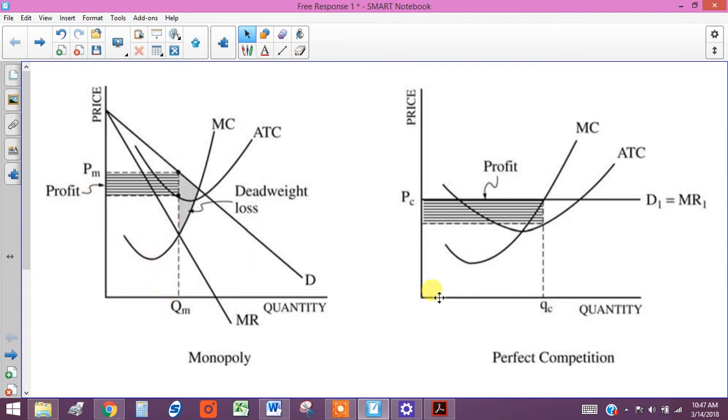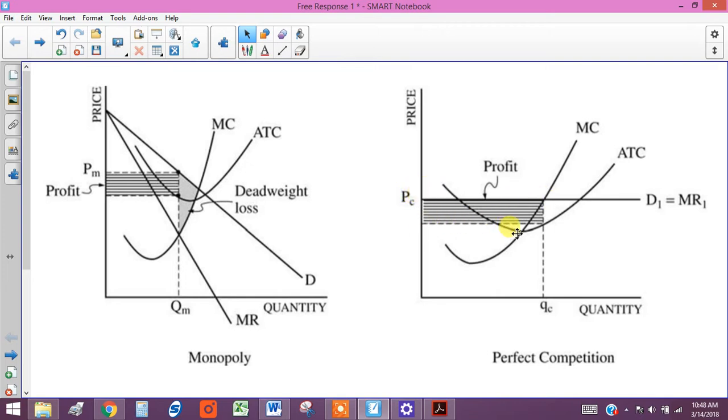Okay, now over on your perfect competition, your area of economic profit is going to be defined basically the same or exactly the same. It's going to be bordered by a price for the ceiling.